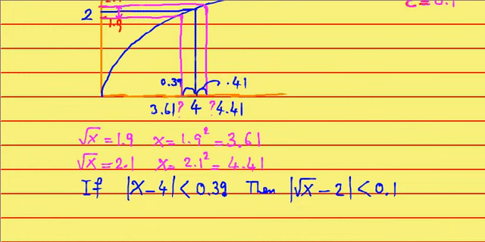Now the limit definition says if you can play this game for any positive number here, regardless of how tight I make this trap, you can make another trap on the x-axis, then you have succeeded in proving that this number is really the limit. 2 is really the limit of radical x as x comes close to 4.